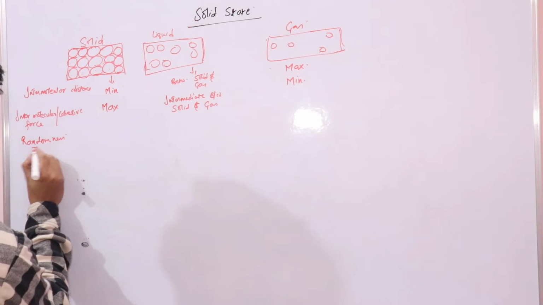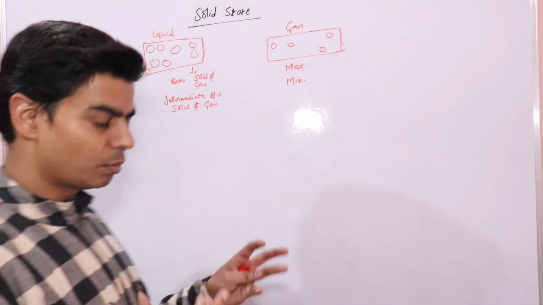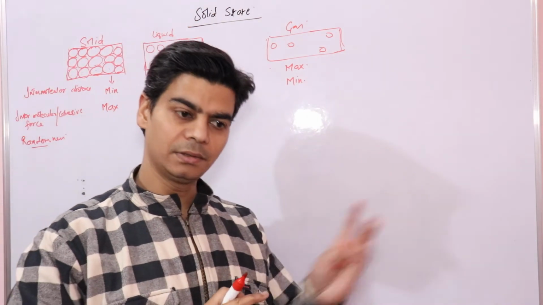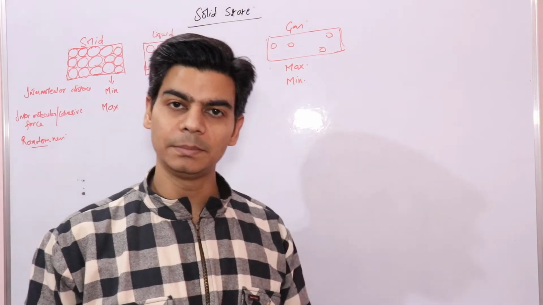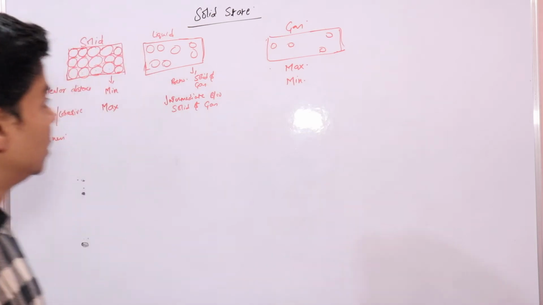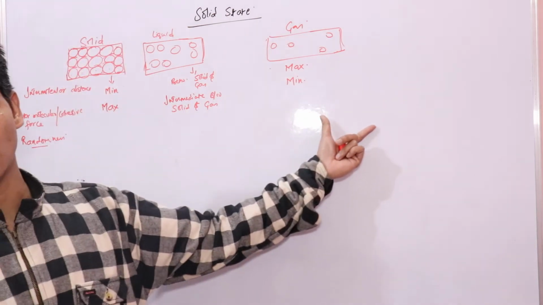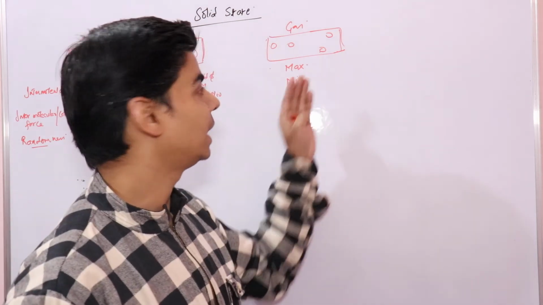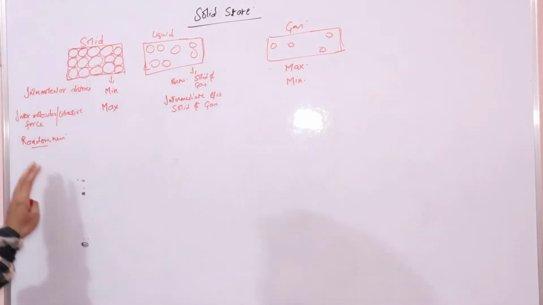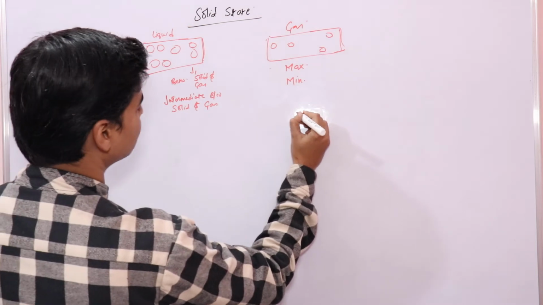Now let's talk about randomness. Randomness is the degree to which molecules can randomly move in all directions. In which state of matter can molecules move randomly in any direction? It's gases, so we say randomness is maximum in gases.